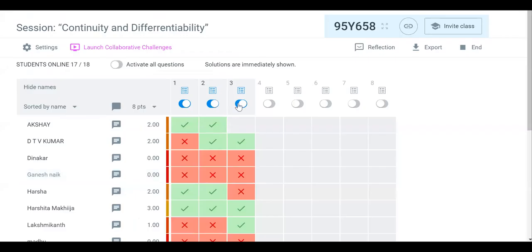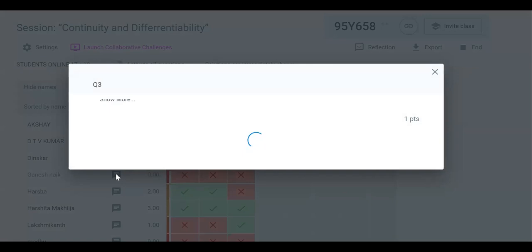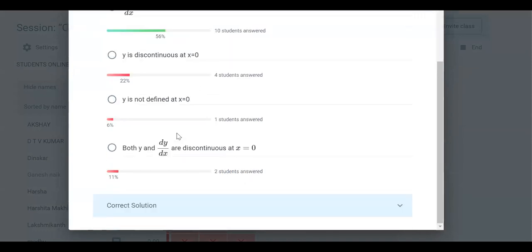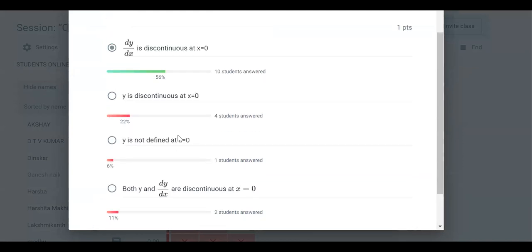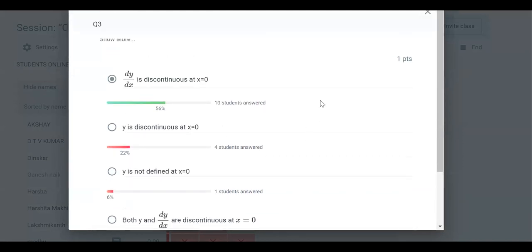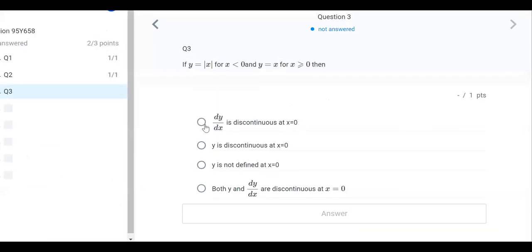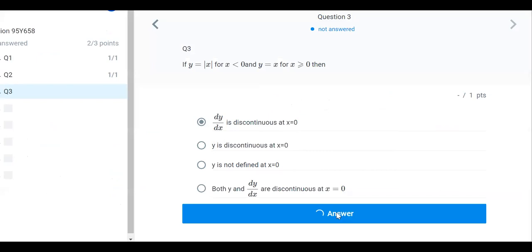So let's see the analysis. 10 students out of 17 have answered correctly. So you see, you have to clear your misconceptions. We are not able to answer because some concept is not clear.